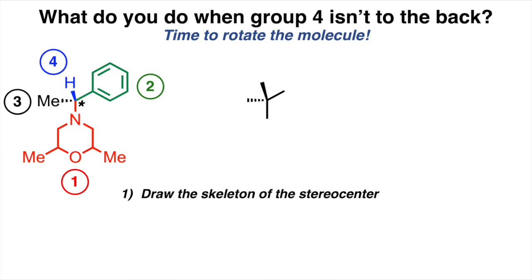Step 1 is to draw the skeleton of the stereocenter without any substituents, keeping the bond types in the same spots. Then choose one substituent in plane to keep in the same position. I usually like to pick the larger one to keep in the same spot, but it doesn't matter which you pick.